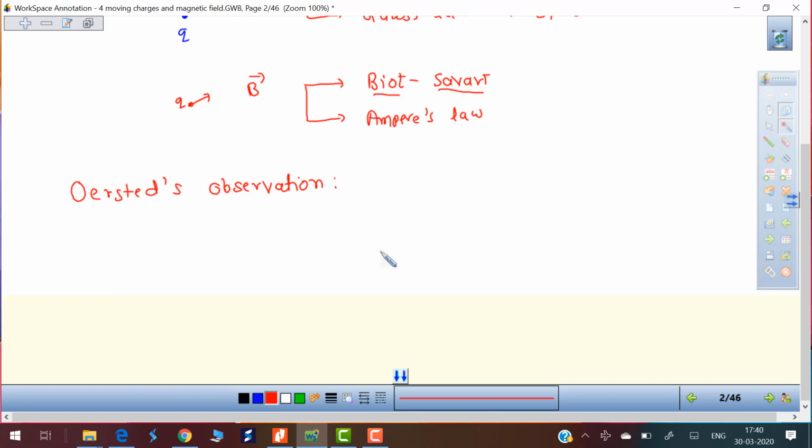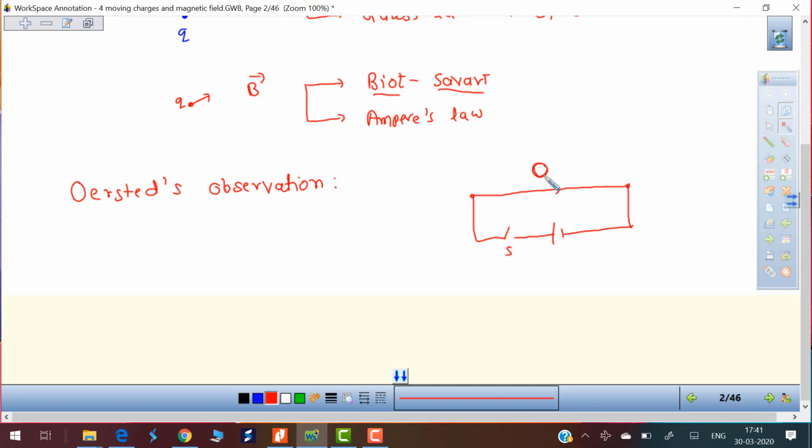You must have studied this in 10th also, but I will just summarize. Suppose you have a conductor and it is connected with a battery with a switch in series, and a magnetic compass is placed nearby the conductor.